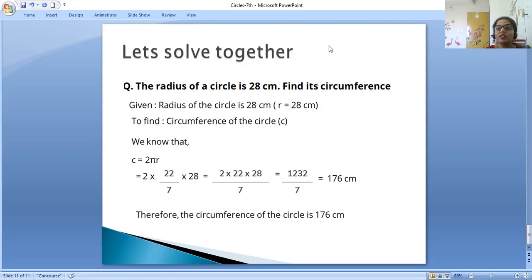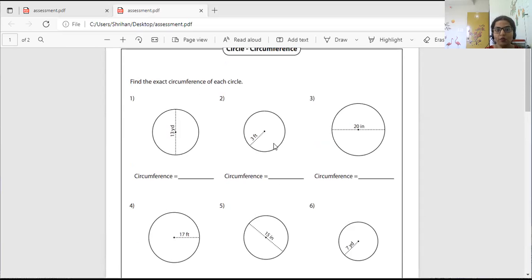Now there are certain assessment questions I want you all to solve. I'll give you 15 minutes for that. Give me a second to share that. These are the assessment questions that you have to solve now.